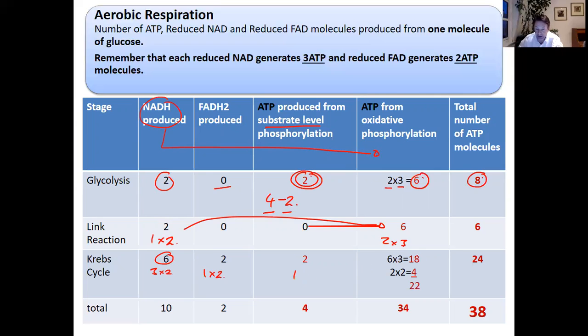So that ends up producing 18 ATPs from the NADH, 2 times 2, which gives you obviously 4, which gives you the other 22 ATPs from oxidative phosphorylation, which in total gives us some 38 ATPs per glucose molecule.